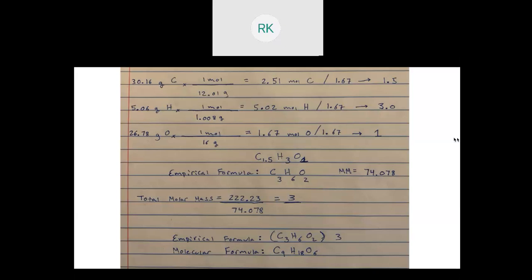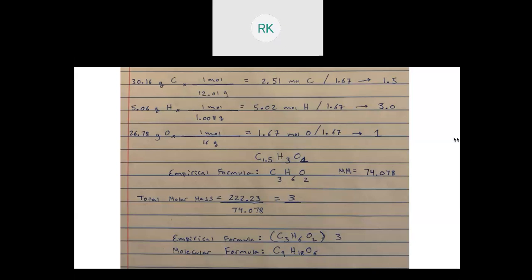So in this case, carbon is 1.5, you can multiply all the subscripts by 2 to get them to a whole number ratio. And so that's what you do. You'd multiply the whole formula by 2, and your real empirical formula is C3H6O2.